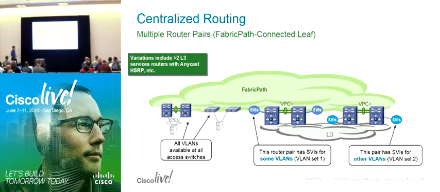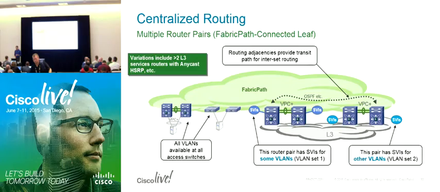All VLANs are configured on all access switches. It's just their gateways are either on one pair or the other pair. Now, to make sure that the routing happens across these sets of VLANs consistently within the FabricPath network, we will use a transit VLAN, and that transit VLAN will allow us to keep the routing information consistent.